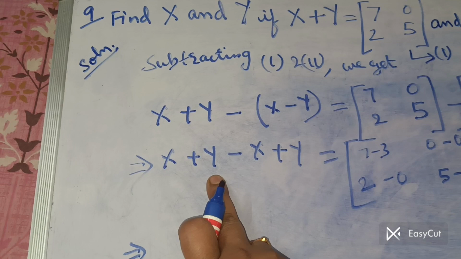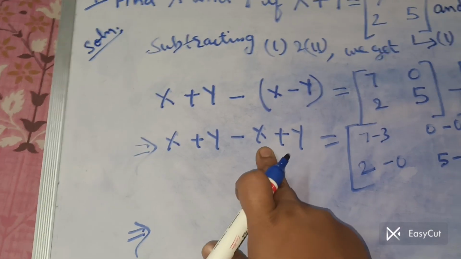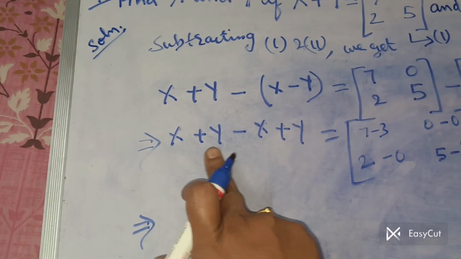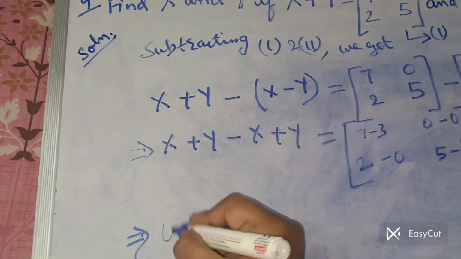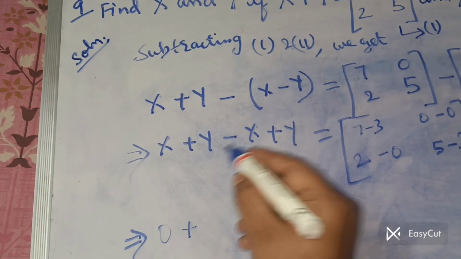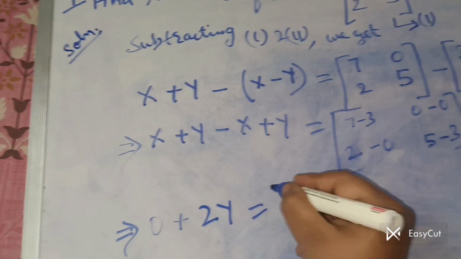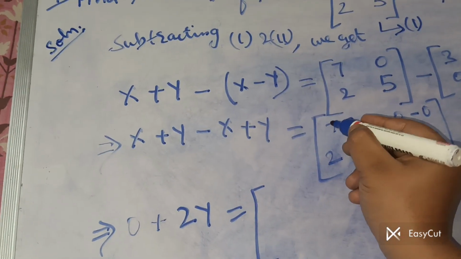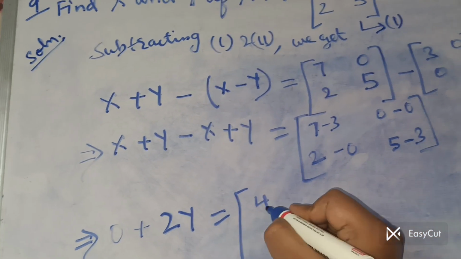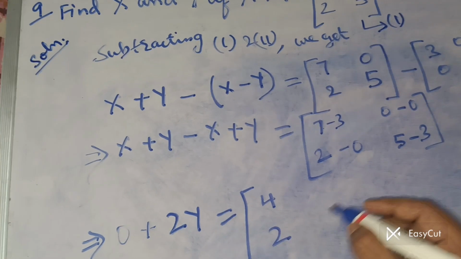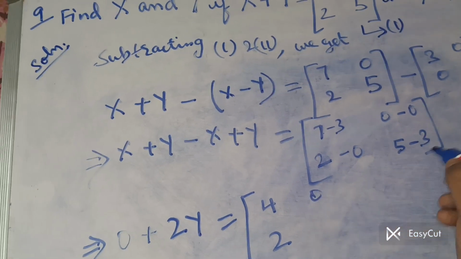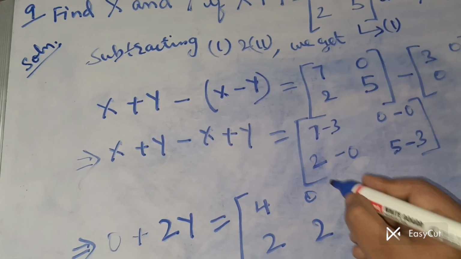Then here, x and x means it will become the 0 matrix. x minus x is 0 plus y is 2y. So 7 minus 3 means 4, 0 minus 0 is 0, 2 minus 0 is 2, and 5 minus 3 is 2.